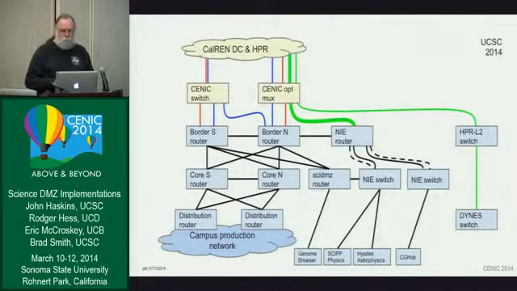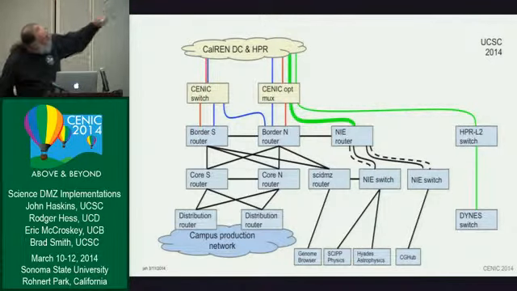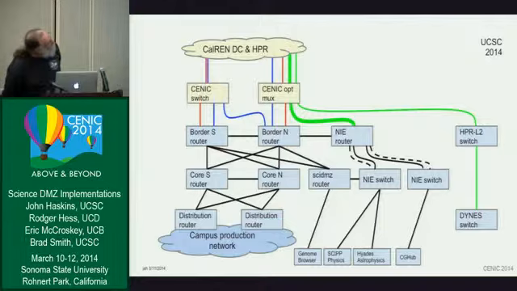And so this is the CC-NIE funded topology that we're about to implement, where you can see the fat green 100 gig link into CENIC, the new NIE router that will have a 100 gig interface and will fan out multiple 10s, giving us the ability to LAG 10s for high bandwidth projects.